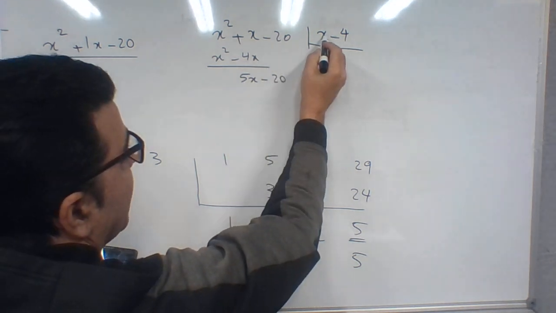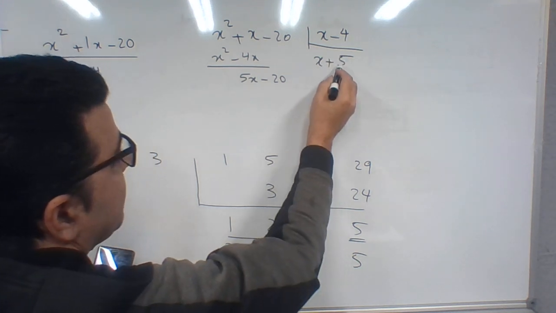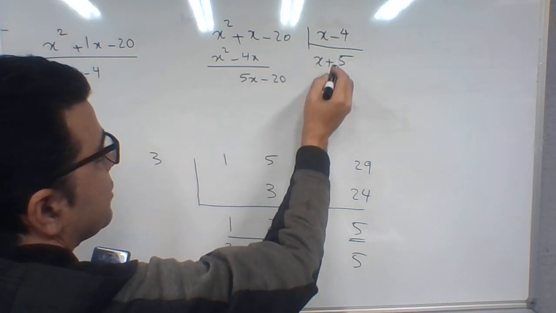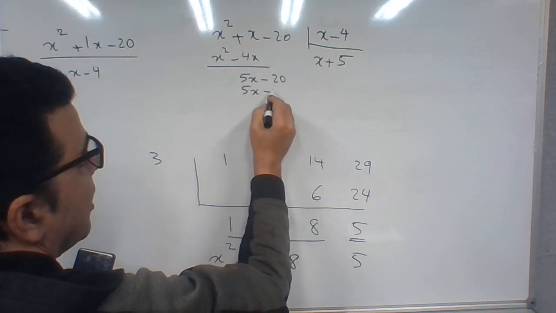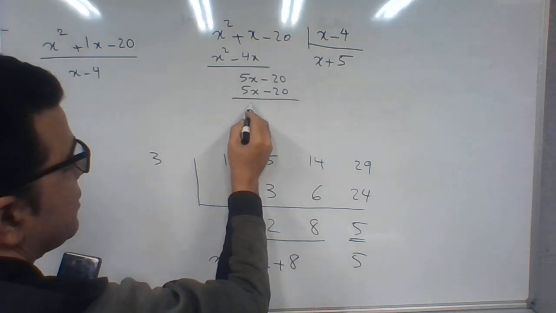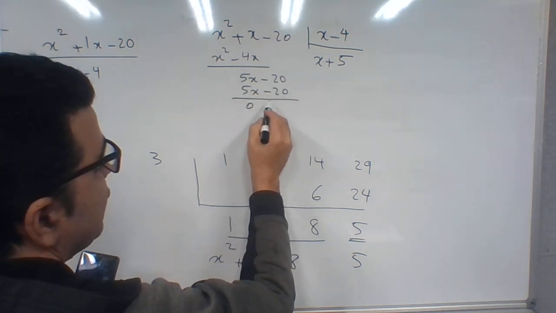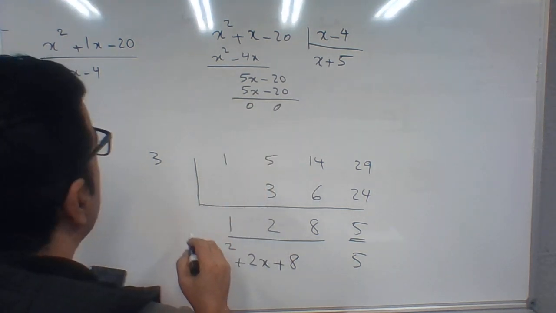5x divided by x is plus 5. Now multiply 5 by the whole divisor. So 5 times x, 5x, minus 20. So there subtract 5x minus 5x, 0. Negative 20 minus negative 20 is 0. So the remainder is 0.